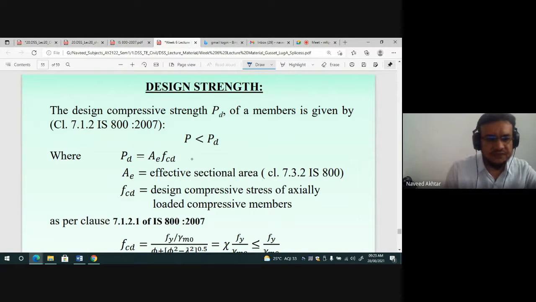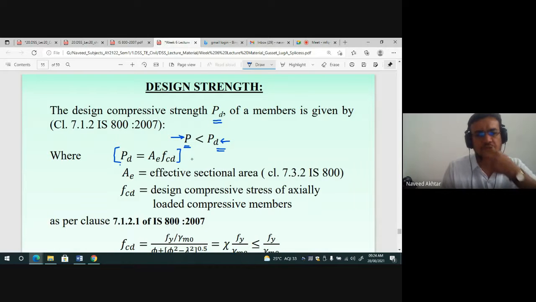PD is the design compressive strength of your member, and P is the actual load coming on the structural element. The actual load coming on the column is P, and PD is the design compressive strength, which should be greater than P.